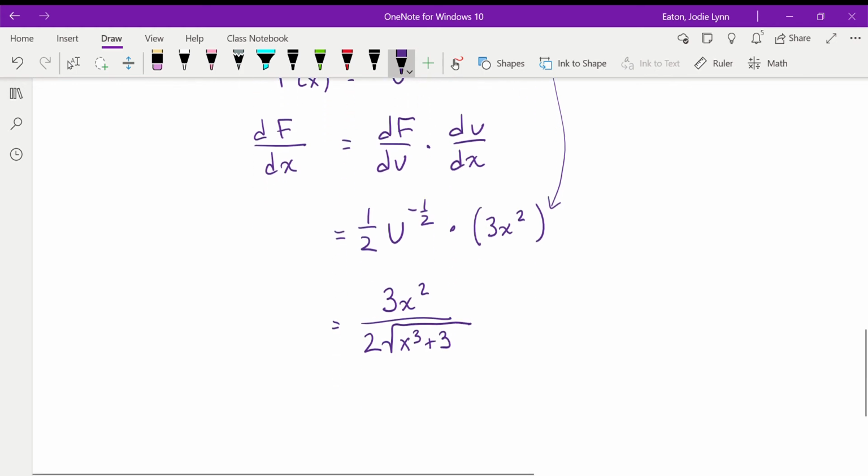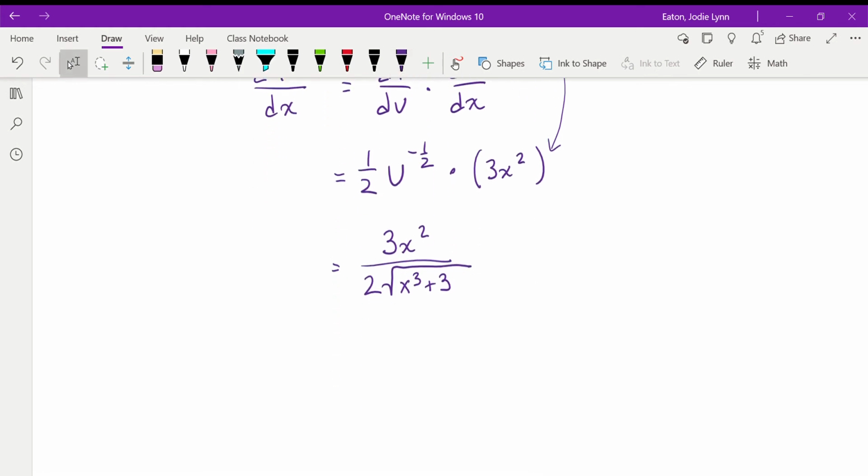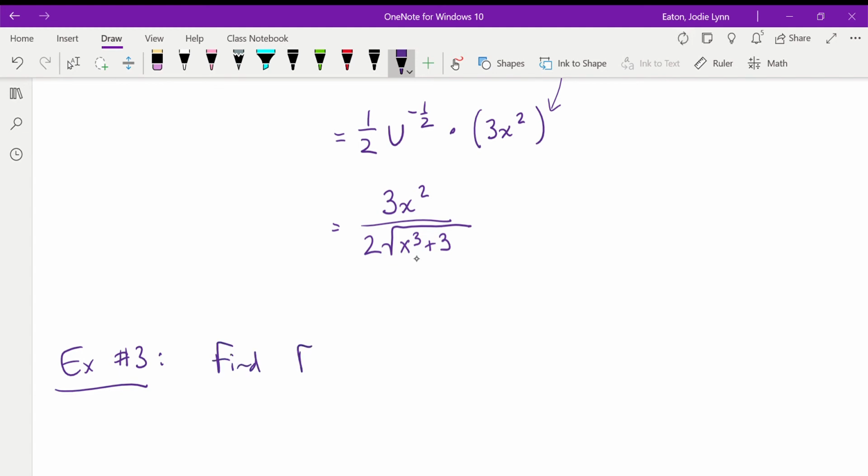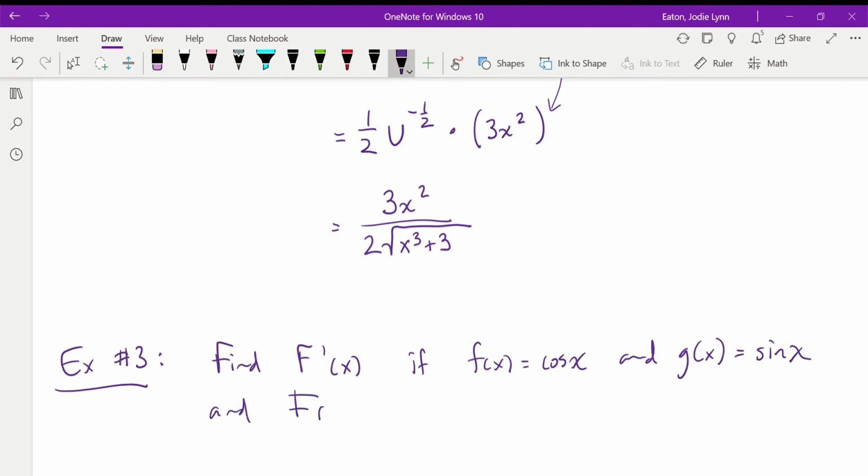Okay, let's look at another one. How about some trig? Find F prime of x, so big F prime, if f of x, little f of x, equals cosine x, and g of x equals sine x, and big F of x equals f composed with g.